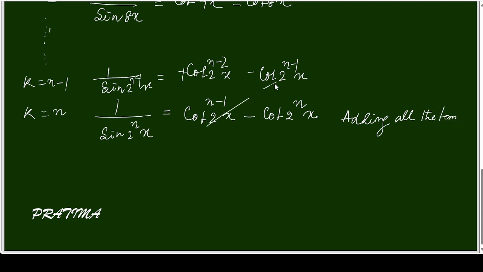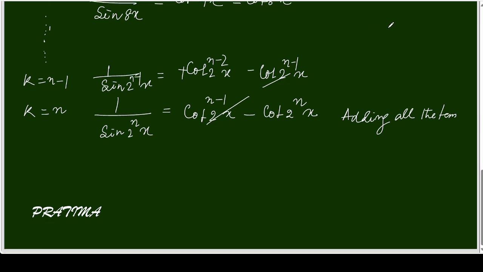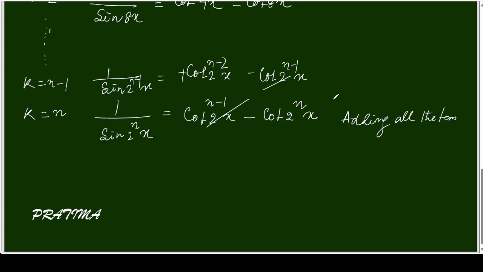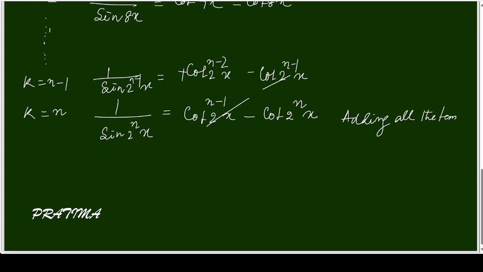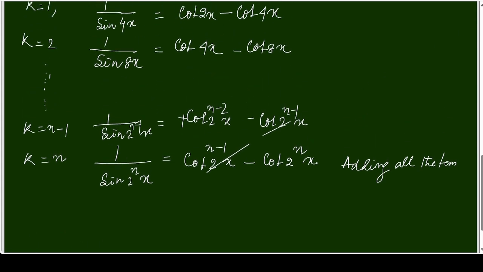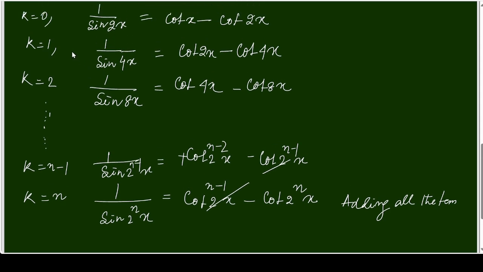Here these two are cancelled, and starting from the first term, cot 2x is cancelled, minus and plus. It will be clear that they all will be cancelled. Only the last of the last and the first of the first will be left.